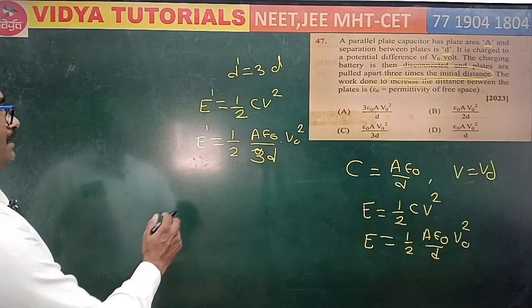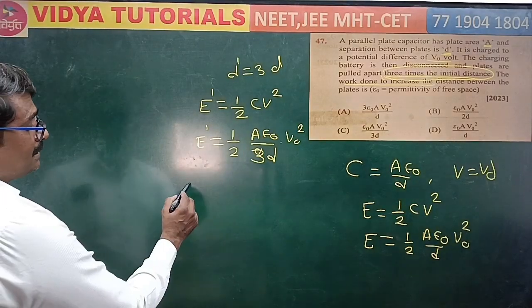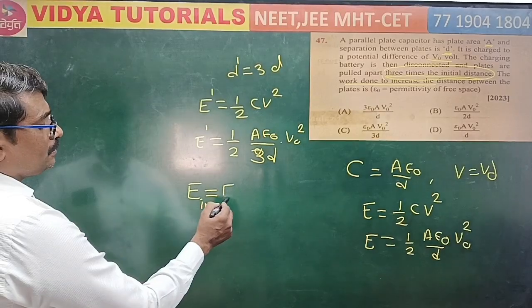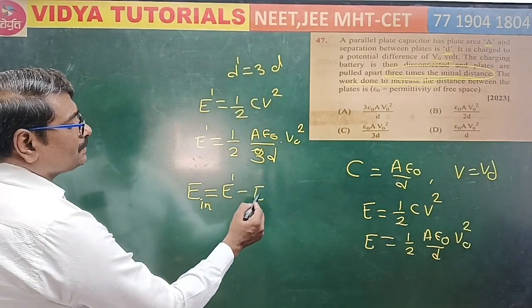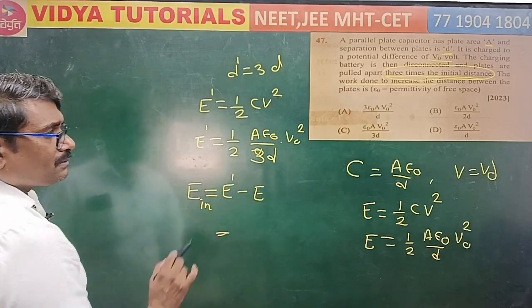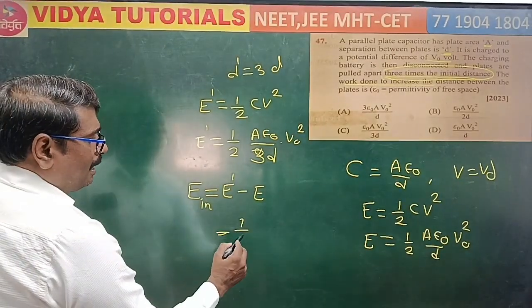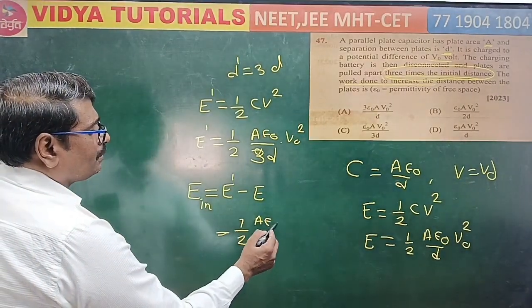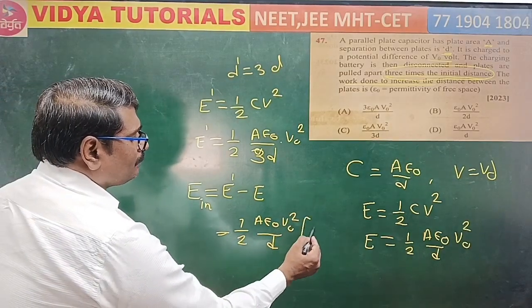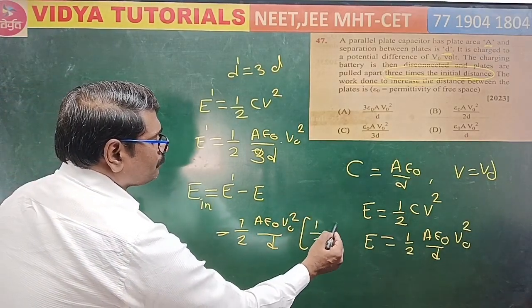Increase in energy means new energy minus initial, that is final minus initial. When we substitute and observe that, here is half A epsilon naught V naught square, d is common, and here 1 by 3 minus 1.